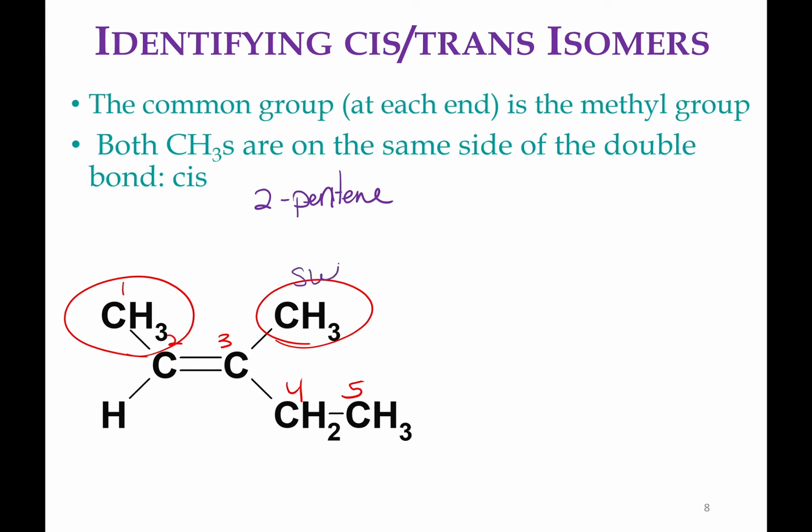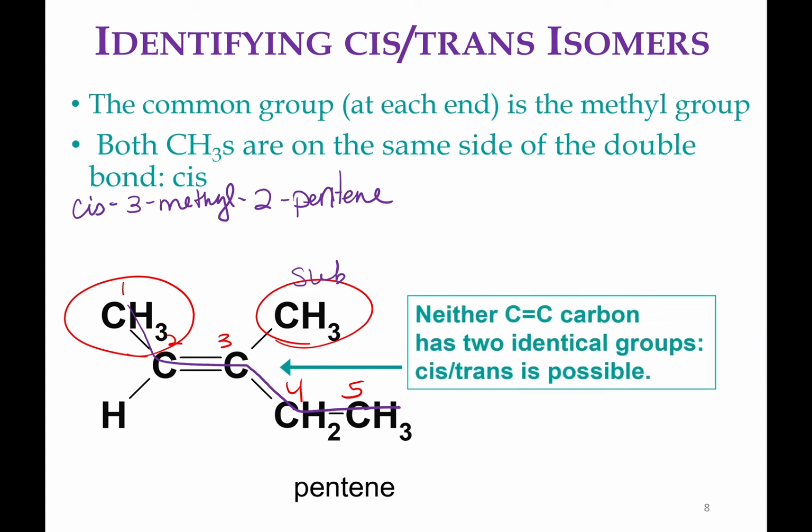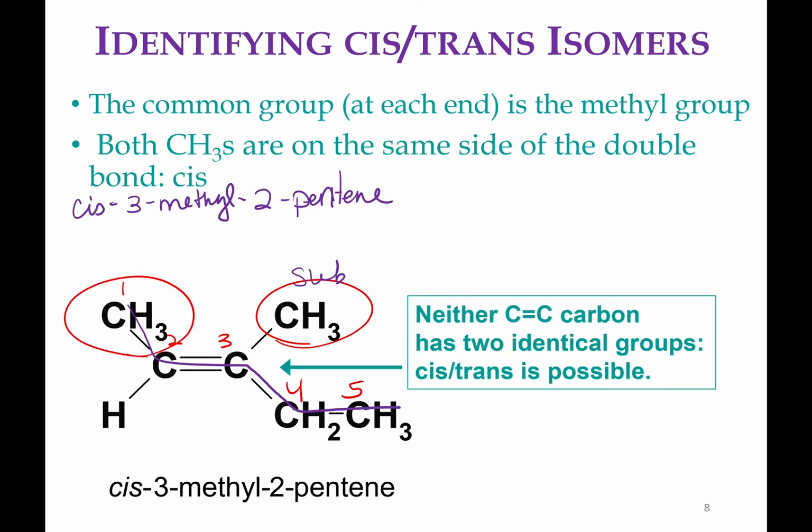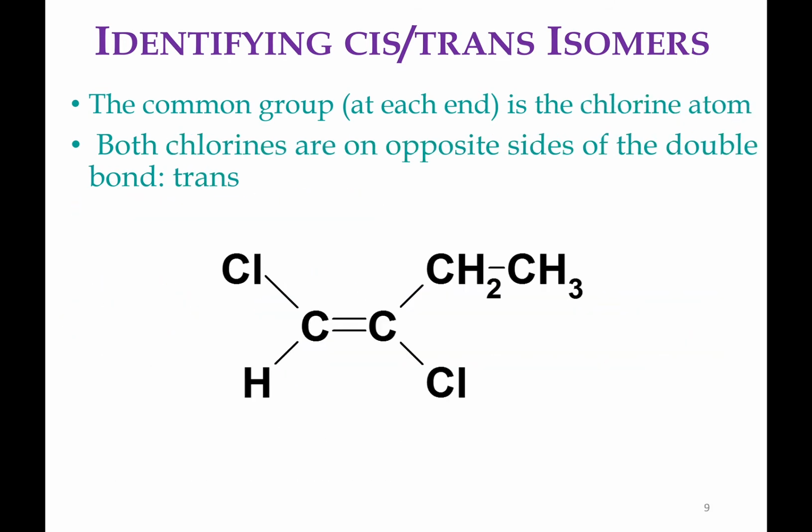This is a substituent, and this is part of the chain. So I have a methyl group at 3. I have 3-methyl. And then I need to say that they're on the same side. So I say cis-3-methyl-2-pentene. Let's take a look at another one.